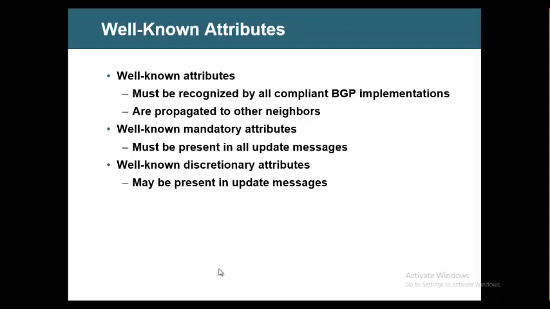If it is set, it is going to be used. If it is not set, nothing. Local preference is also well-known discretionary. You know why? Local preference is a numerical value that is advertised only between IBGP neighbors. With eBGP, they don't advertise.